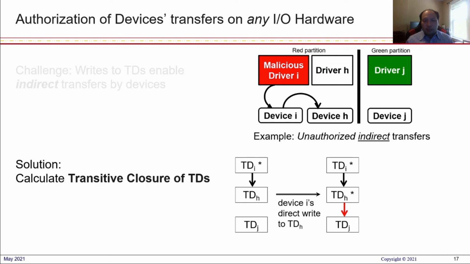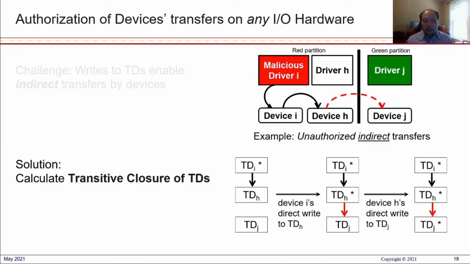The computation discovers that the leftmost TD state enables a direct write from device I to TDH. This write results in a new TD state and modifies TDH. Though the new TDH defines a cross-partition transfer to TDJ, the algorithm has not discovered it yet.